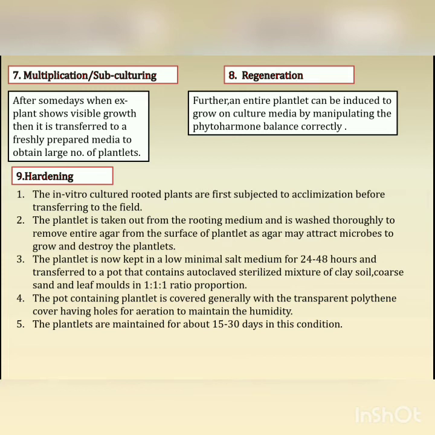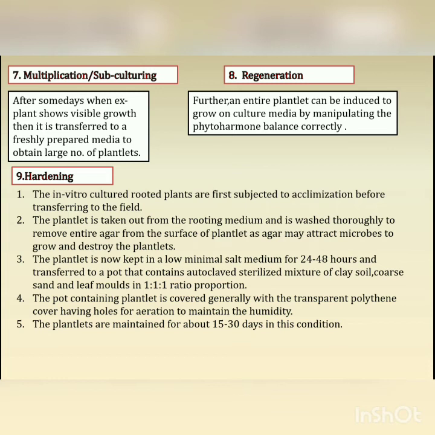After some days, when the plants grow and get ready for the secondary hardening, we put them for secondary hardening. We again move the plants from the pot trays to black polythene bags, poly bags, or paper bags, and then we keep them in the shade house, so that for some days the plant gets the natural environment and gets ready for the field establishment.